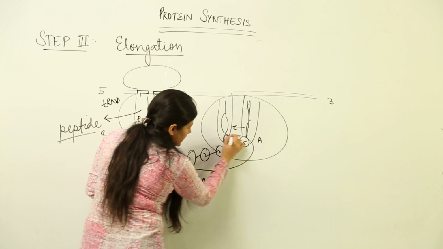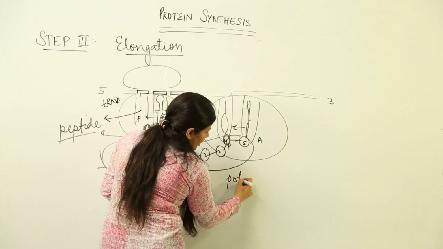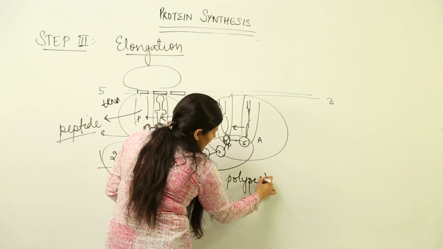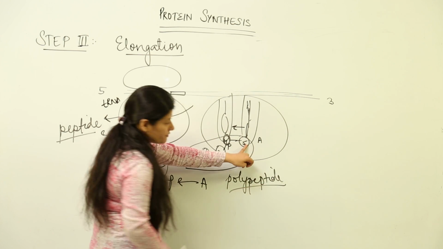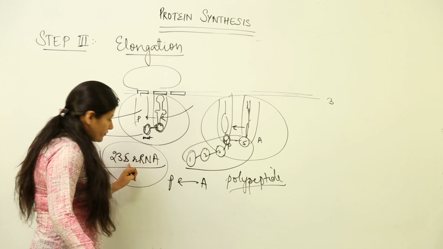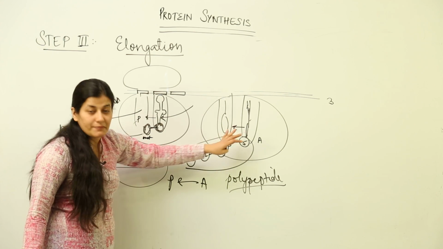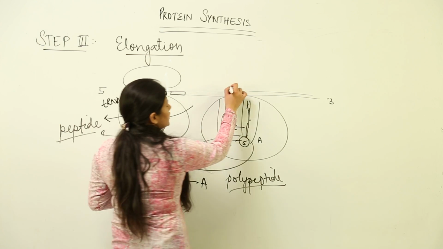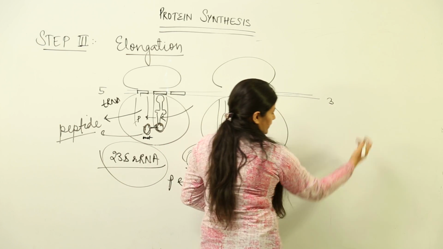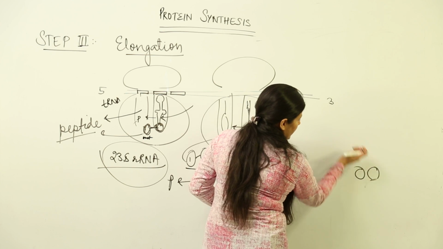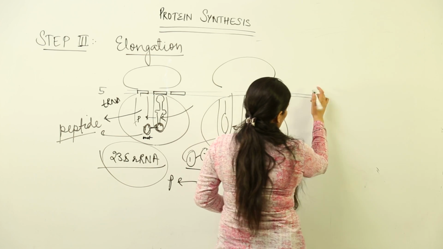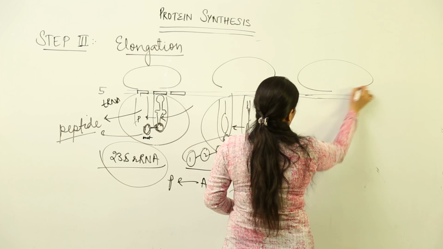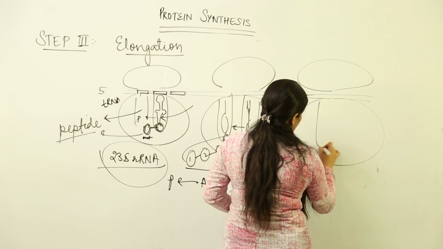What goes on increasing? The polypeptide chain, because every time the next amino acid comes, with the help of this ribosomal RNA, a peptide bond is formed. So, this is how elongation takes place further and further and further. There would be many, many peptide bonds which would be formed.